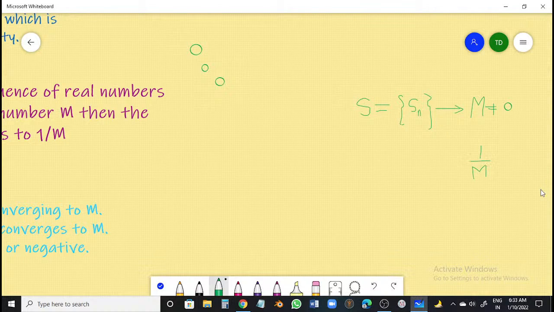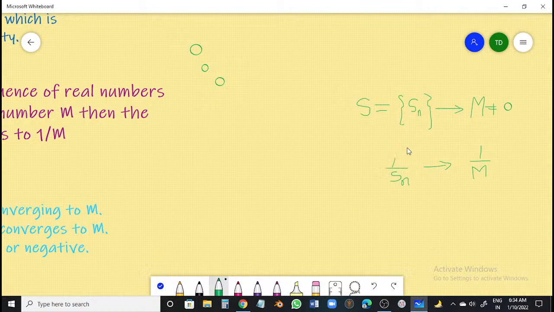This is the guarantee. What we want to prove is that if we take the sequence of reciprocals 1 by Sn, then 1 by Sn will go to 1 by m.